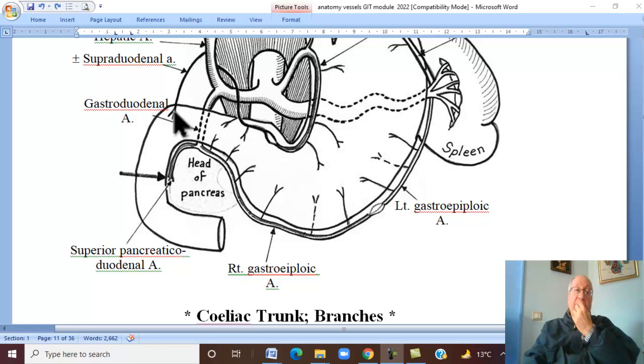The hepatic artery also gives a branch to the first part of the duodenum called supraduodenal artery.